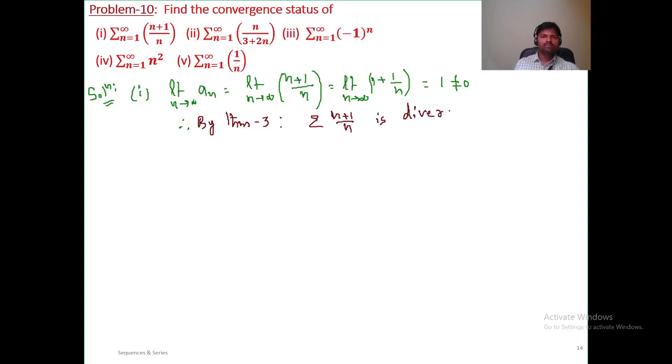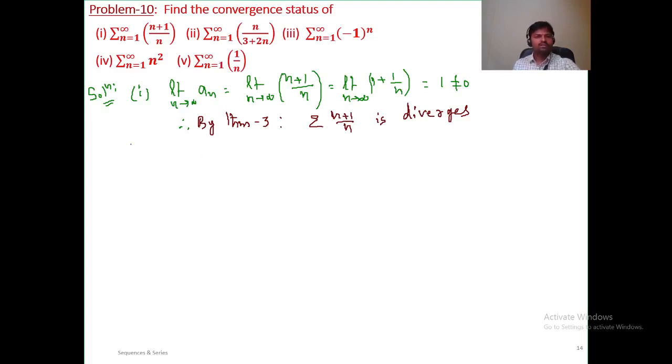Diverges. Understood? Since all the terms are positive, it diverges to infinity. Therefore, the sum of all the terms is infinity. Because the terms are positive, the sum of positive terms is positive only. So I should get infinity. That's why it diverges, because the condition is satisfied: the limit of a_n is not equal to 0.